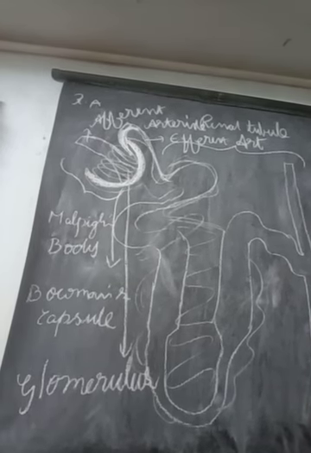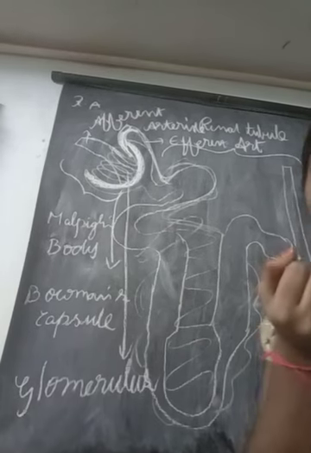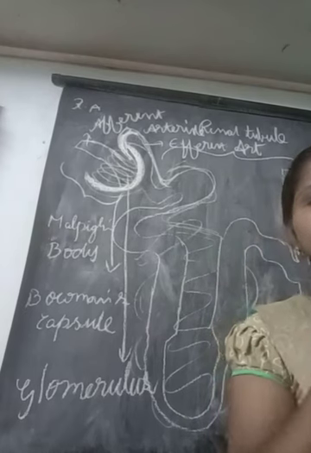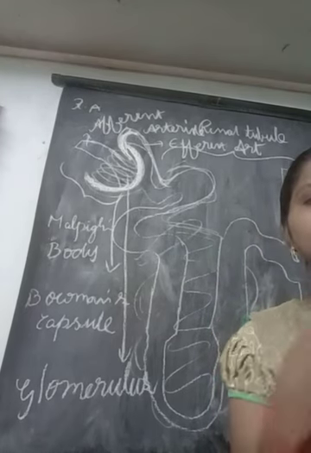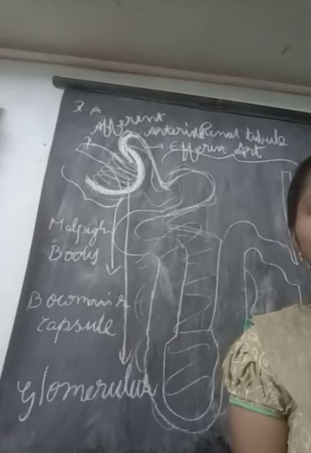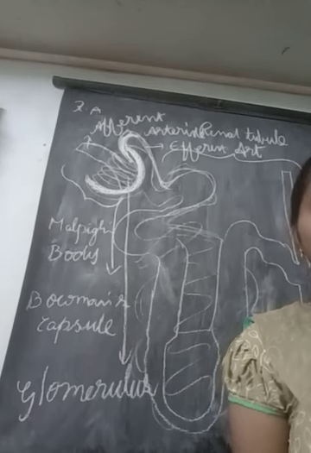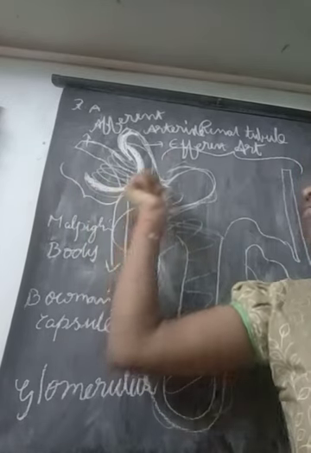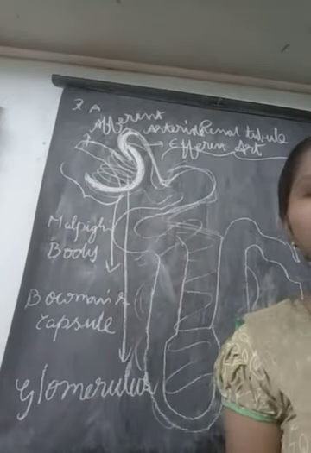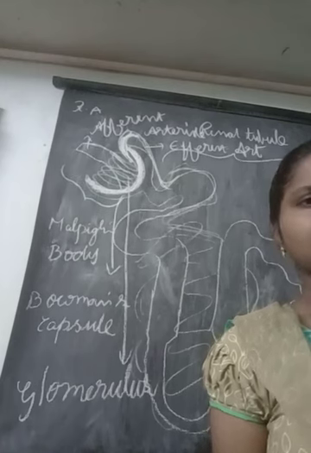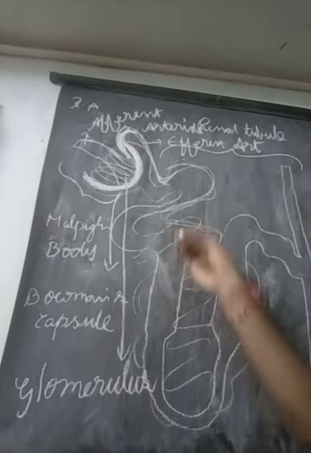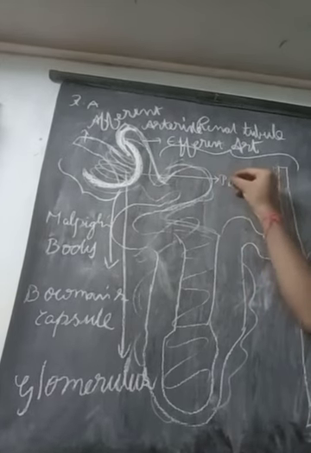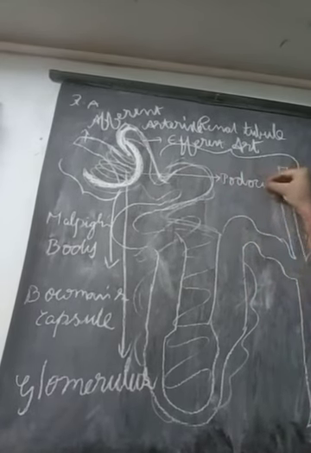If you see a sieve, we can find a number of minute pores on that plate. Similarly, our Bowman's capsule is made up of very small epithelial cells called podocytes.